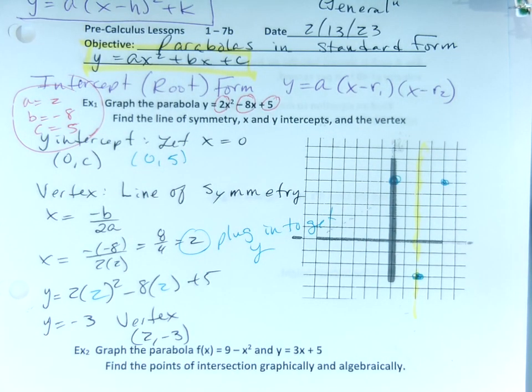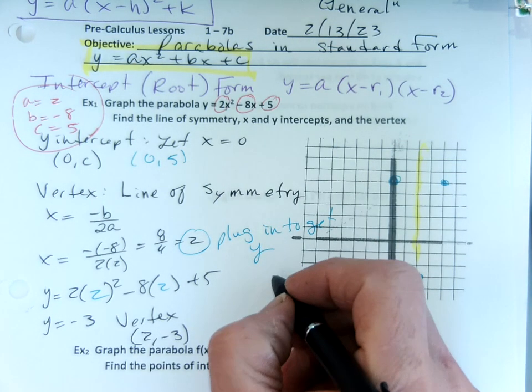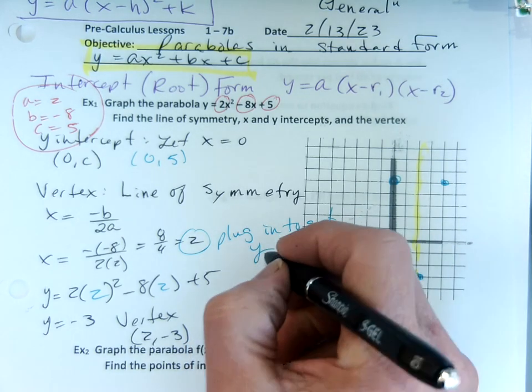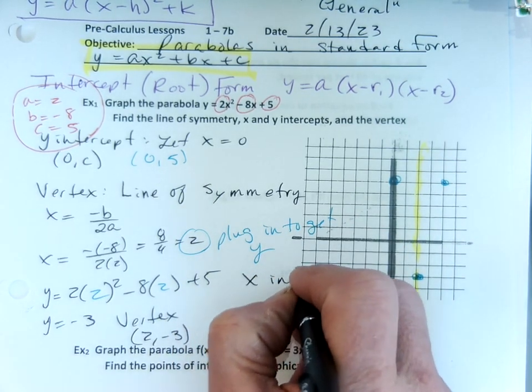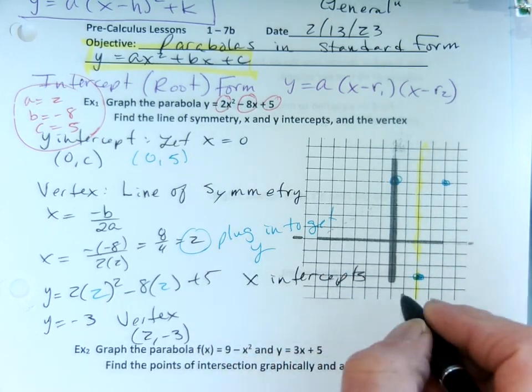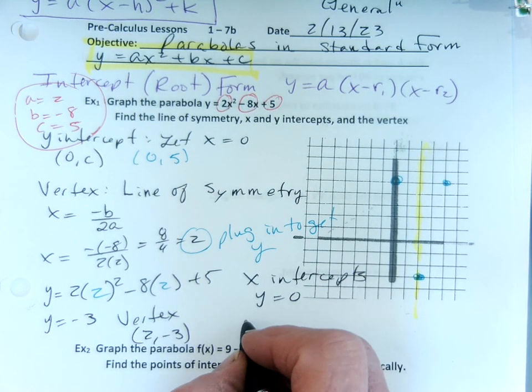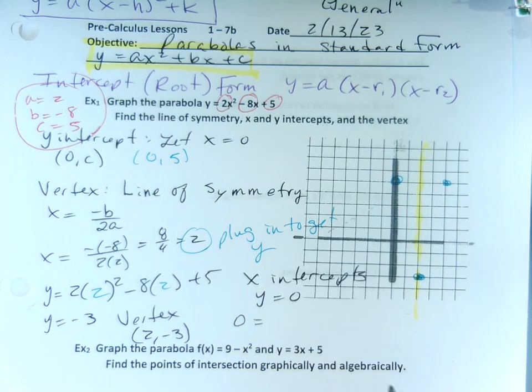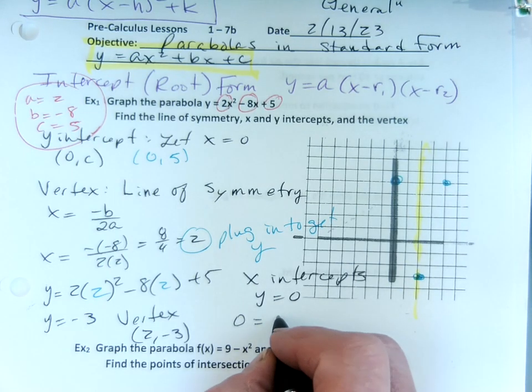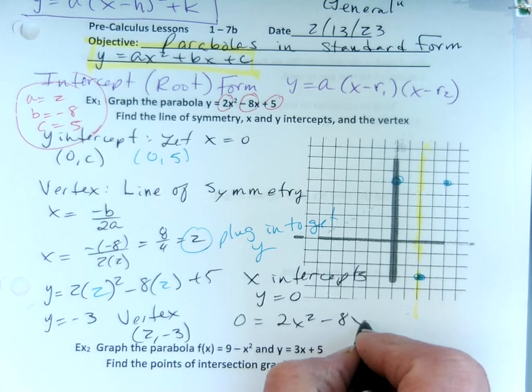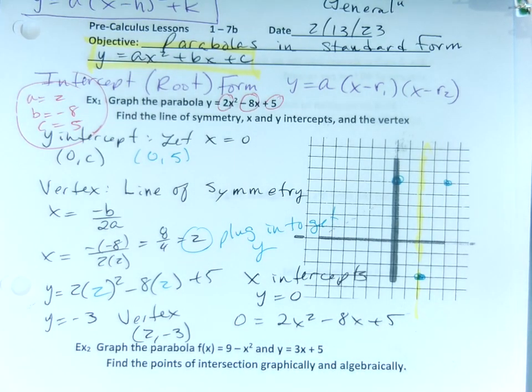Now, x-intercepts. Oof. For x-intercepts, we're going to let y equal 0, and maybe factor. So 0 equals 2x squared minus 8x plus 5. Does it factor? I don't think it factors. Why did I pick one that doesn't factor?